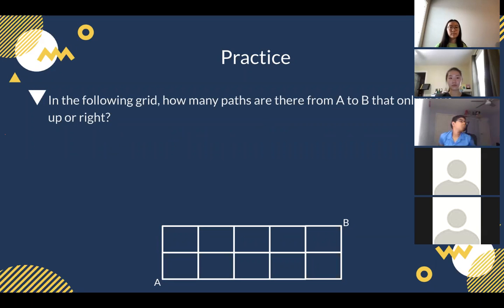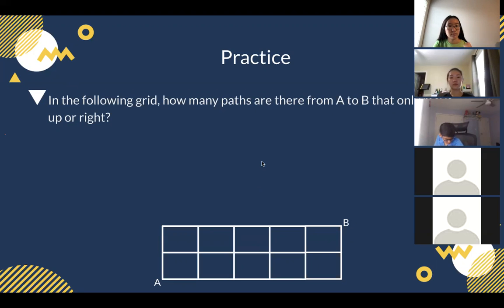This is almost, and we did this just now, almost. The total number of moves is going to be 5, no matter what.